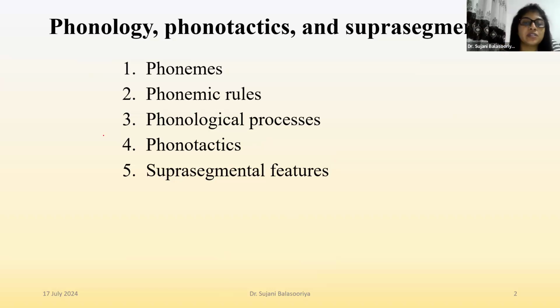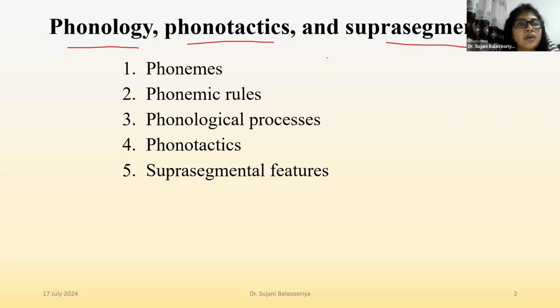Actually, suprasegmental features do not come under phonology. Phonology, phonotactics and suprasegmentals are three interrelated but different areas. We are going to discuss these three areas in this lesson, starting with phonology.